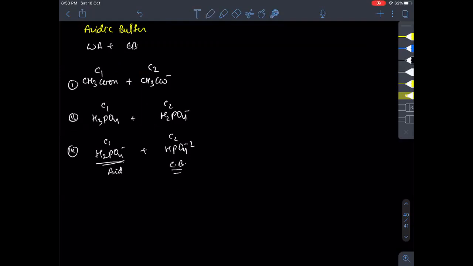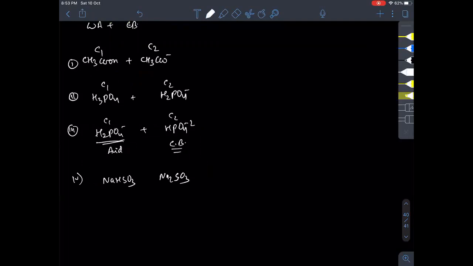So it may not appear to you as a traditional acid, but yes, it is also a buffer solution, right? Similarly, you can generate many more examples like NaHSO3 and Na2SO3. Like that, many other things you can generate.